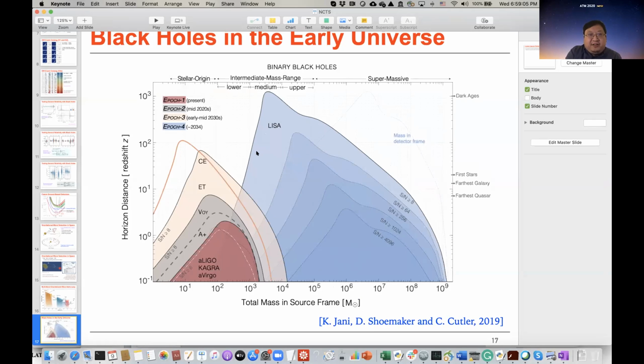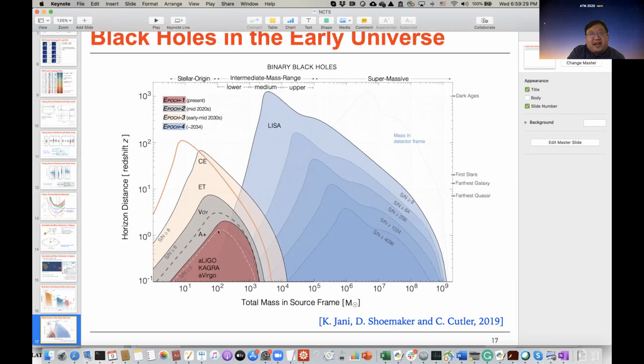And if you look at the redshift they're reaching, they're reaching such high redshifts where maybe the first galaxies have not formed. So the idea would be that they would really probe all the binaries that are merging, whose retarded time is within our observation time. So it's very dramatic.